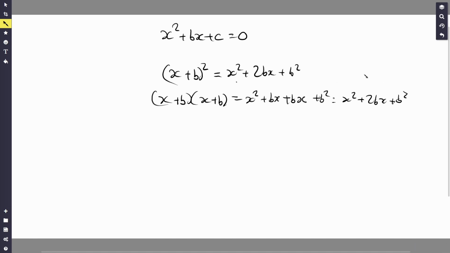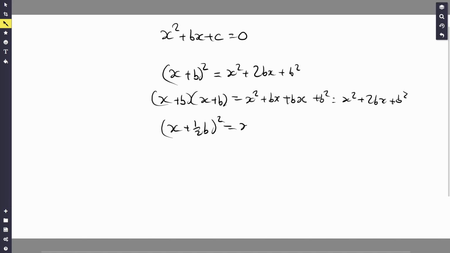And I'm going to try and morph this, as I said, into this. So on this side I've got 2bx, but I only want 1bx. I've got 2bx on this side, but I need 1bx, right? And the way I'm going to get 1bx is by halving this b, okay?